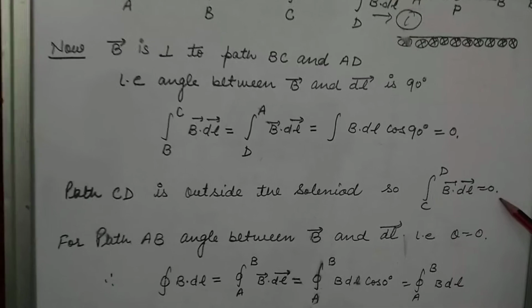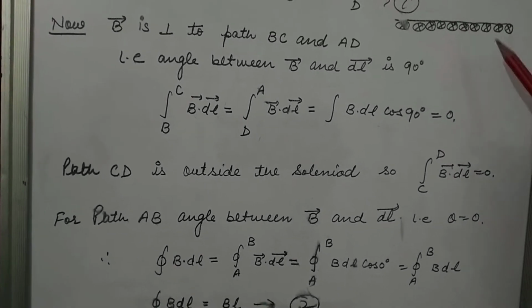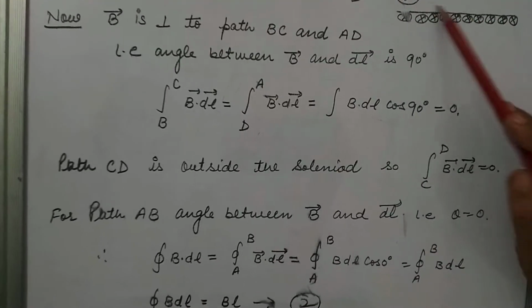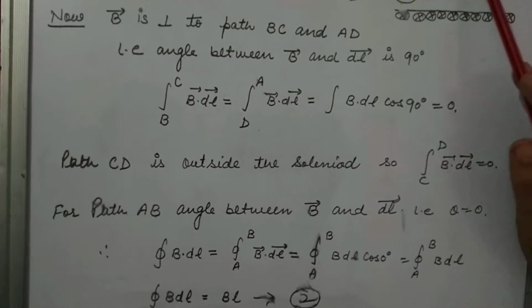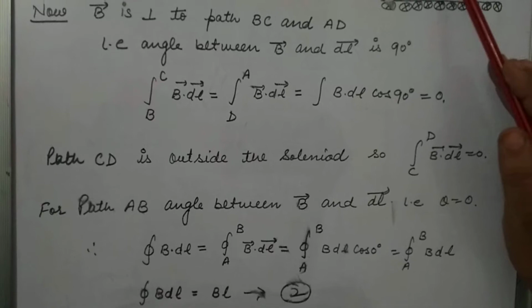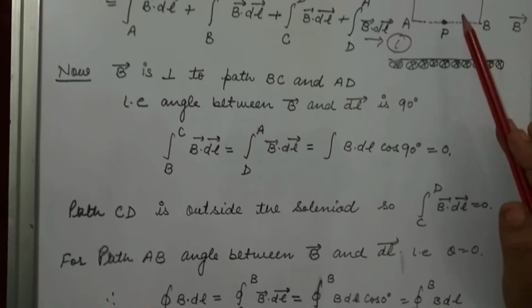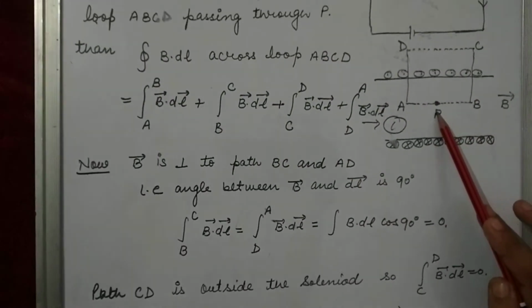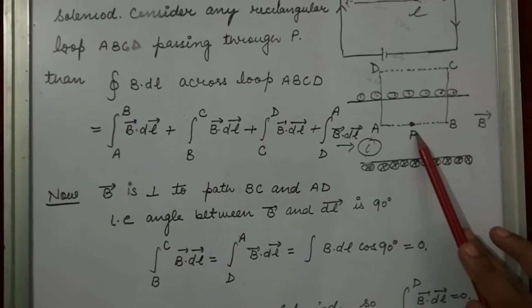This means the integral from C to D of B dot dl is equal to 0. The magnetic field contribution is only due to path AB, because this path is well within the magnetic field, and here we consider the point P where we have to calculate the magnetic field intensity.